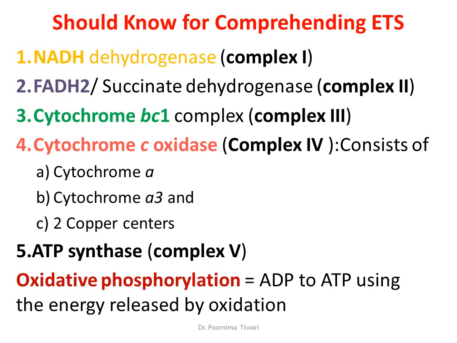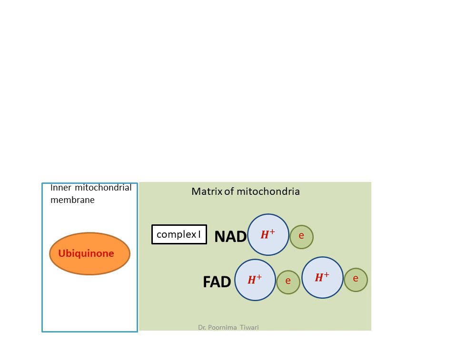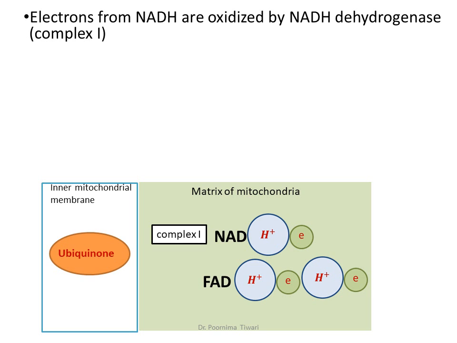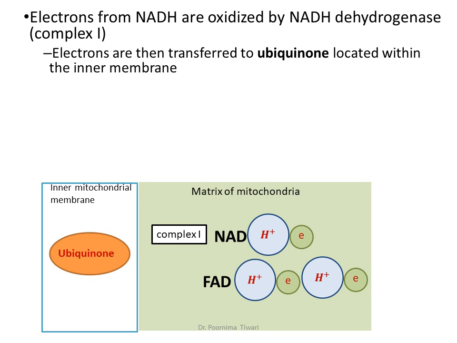What is oxidative phosphorylation? It is the synthesis of ADP to ATP using the energy released by oxidation, which is removal of electrons. So the first step, electrons from NADH are oxidized by complex 1, that is NADH dehydrogenase. It accepts the H atom from NADH via complex 1 to ubiquinone, and then ubiquinone also accepts the H atom from FADH2.